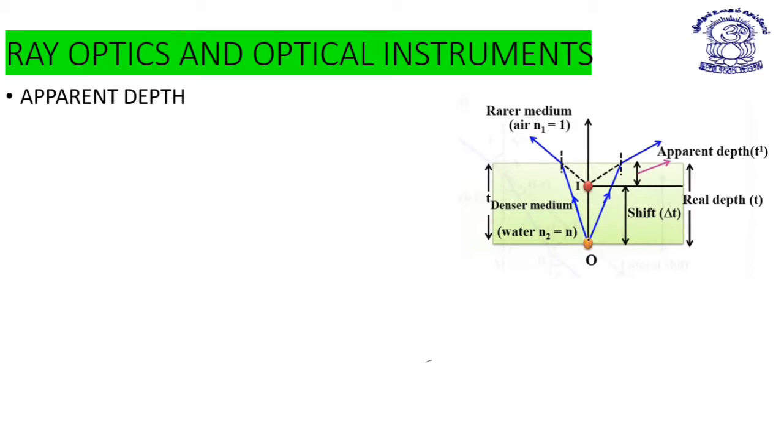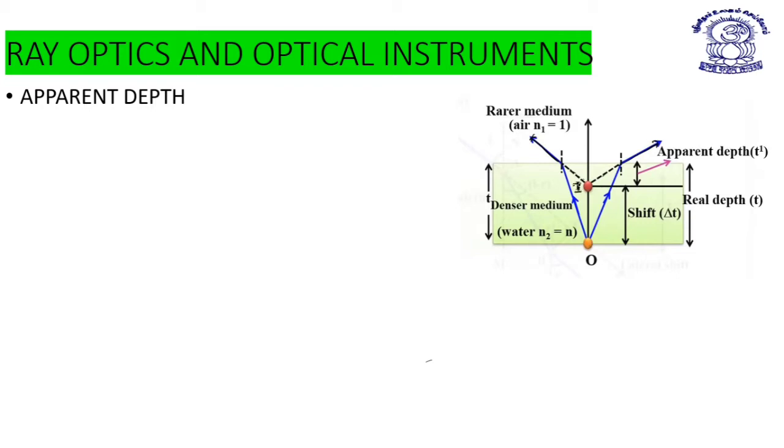Now, light rays are coming from this object. They will move from denser to rarer medium at the water-air interface. As they are moving from denser to rarer, they will move away from the normal. Now, when the extended refracted rays intersect each other, the image of this object is created.